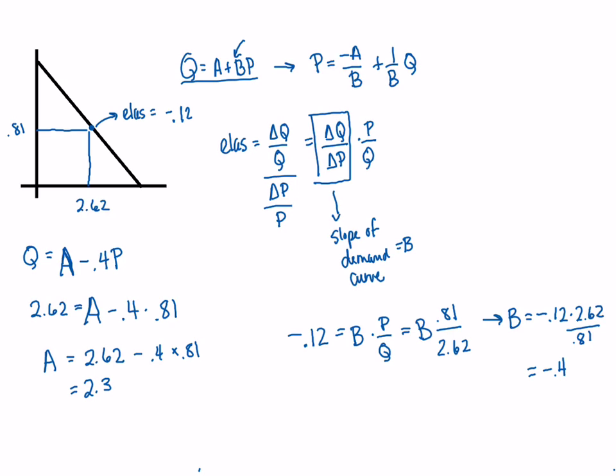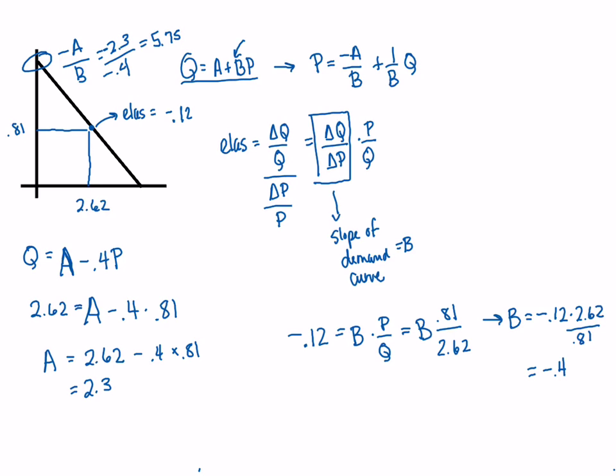So we now have A and B, and from that we can calculate what the intercept is. The intercept is negative A over B, or negative 2.3 over negative 0.4, and that is approximately equal to 5.75.